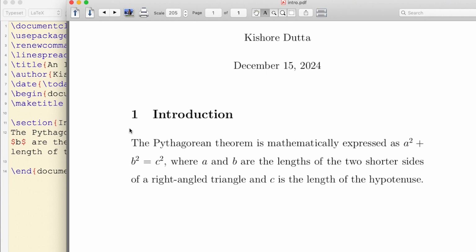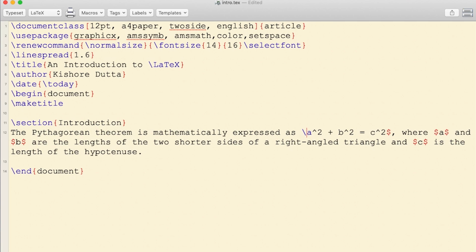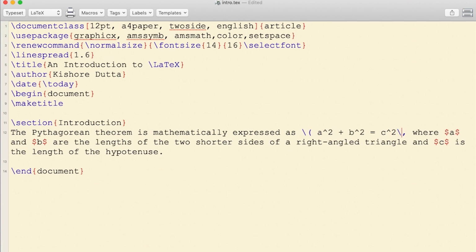I am using here inline math mode, dollar within dollar. If I use first bracket, we will get the same results as shown here.